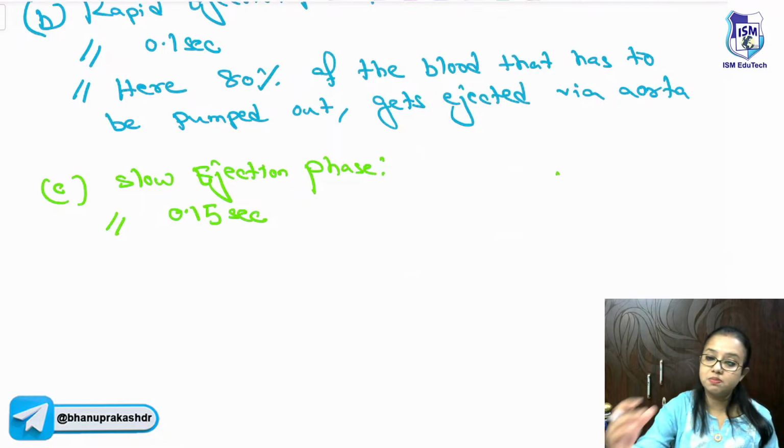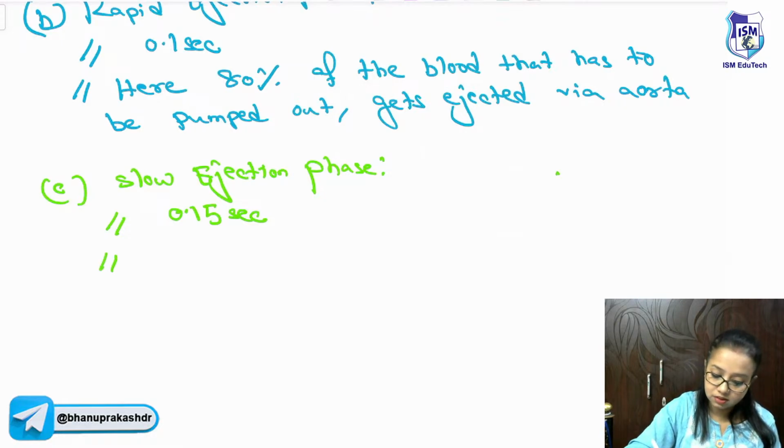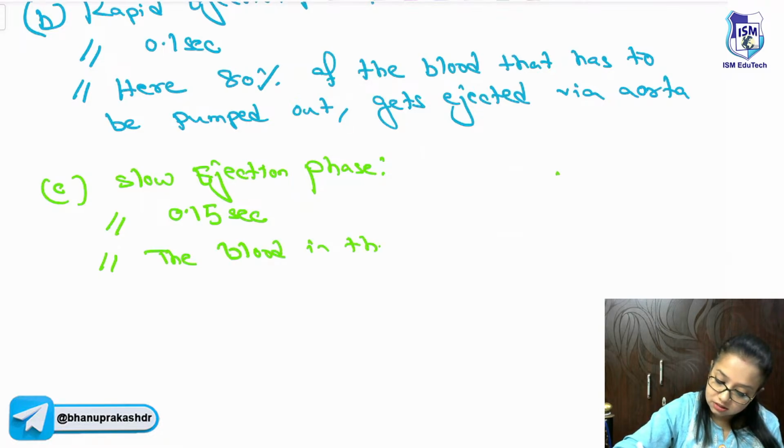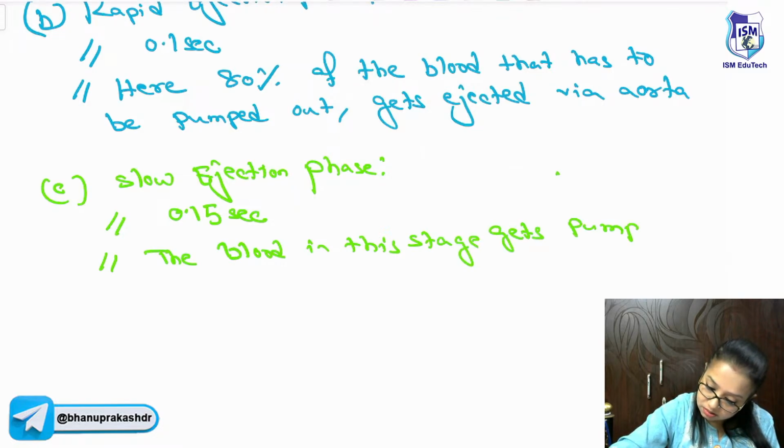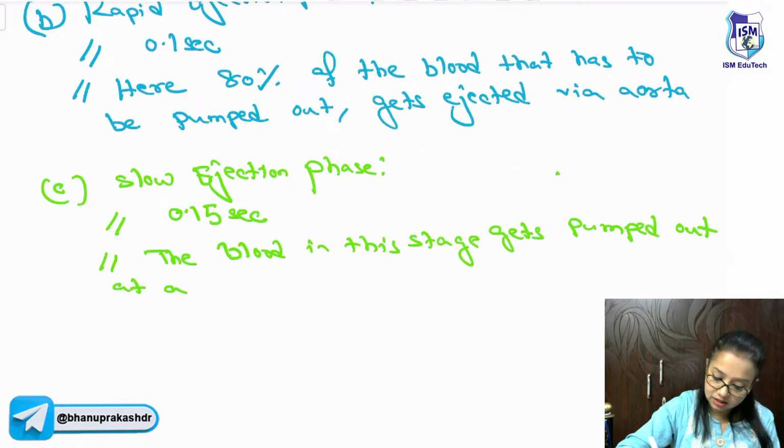After maximum blood is being pumped out to the periphery, here the blood in this stage gets pumped out at a slower pace.